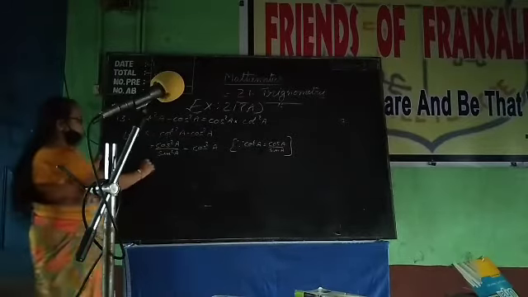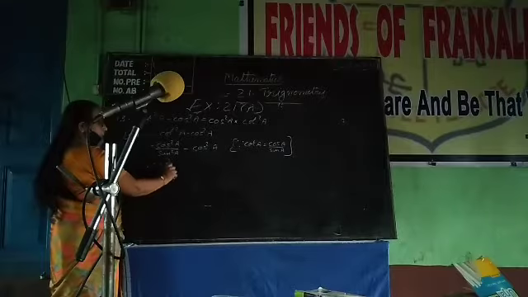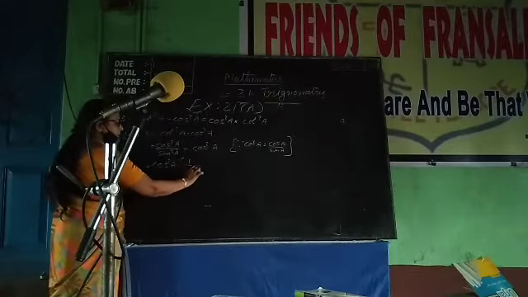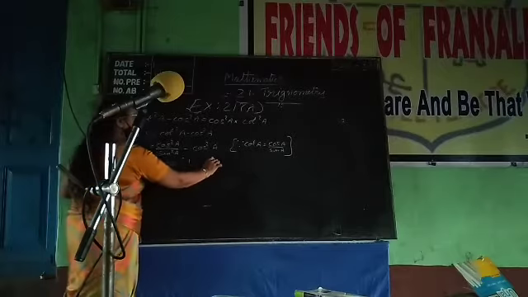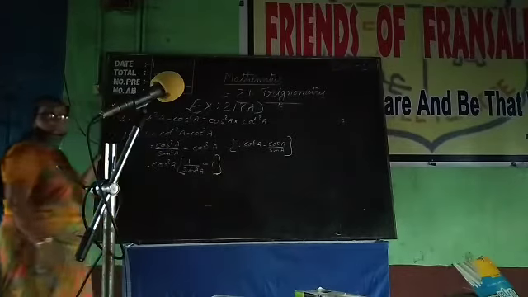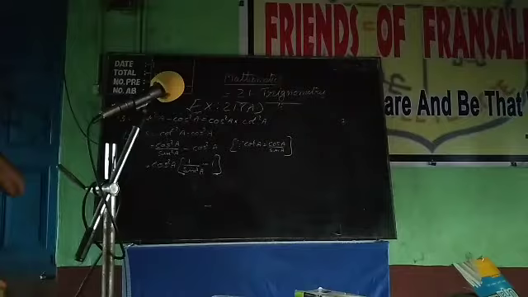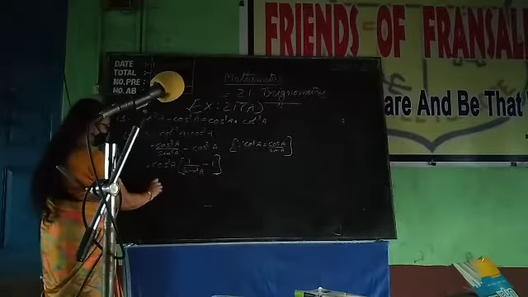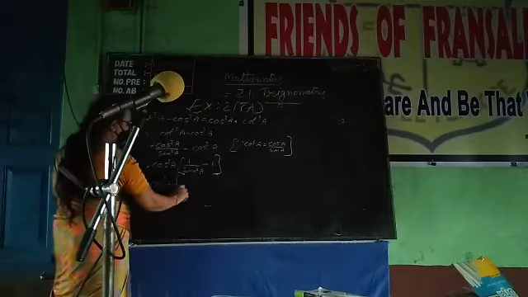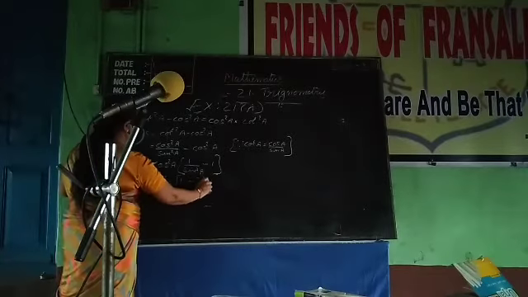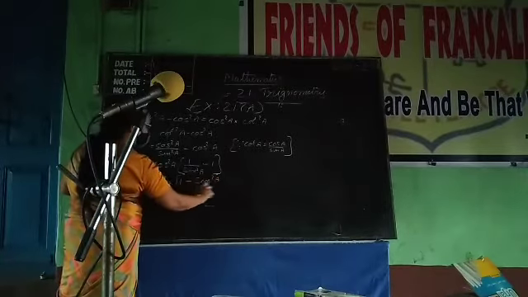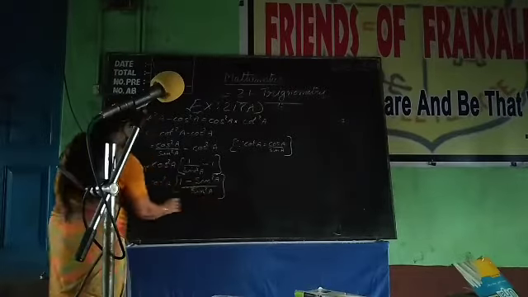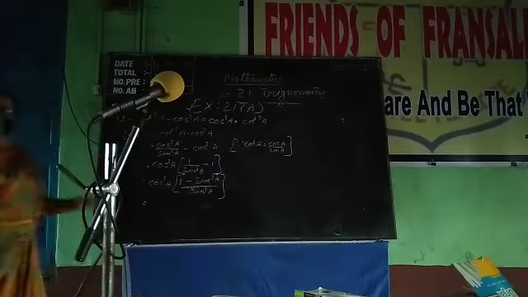Now we can take out cos square A common. So when we take cos square A common, the first term will have only 1 by sin square A and the second term will have only 1 minus 1. Find LCM here: cos square A multiplied by 1 minus sin square A, whole divided by sin square A. What is 1 minus sin square A equal to?